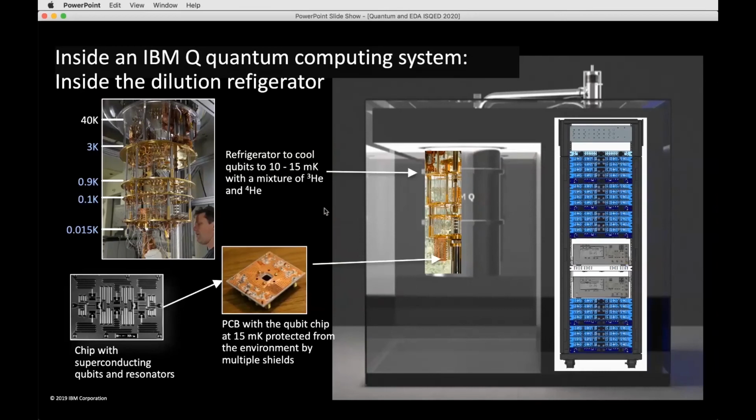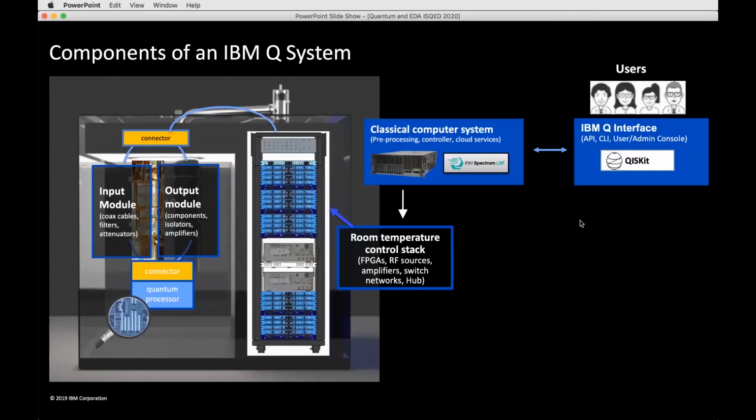Looking a little bit closer, how do you interface with the quantum computer? What IBM made available is something called Qiskit. This is a bunch of Python API layers and a lot of functions that can run on a classical computer.